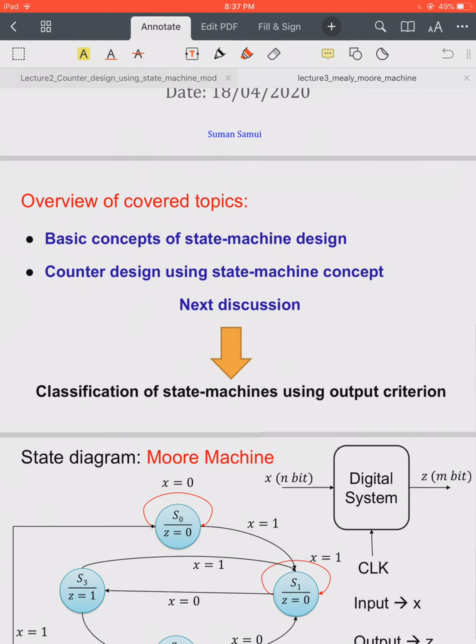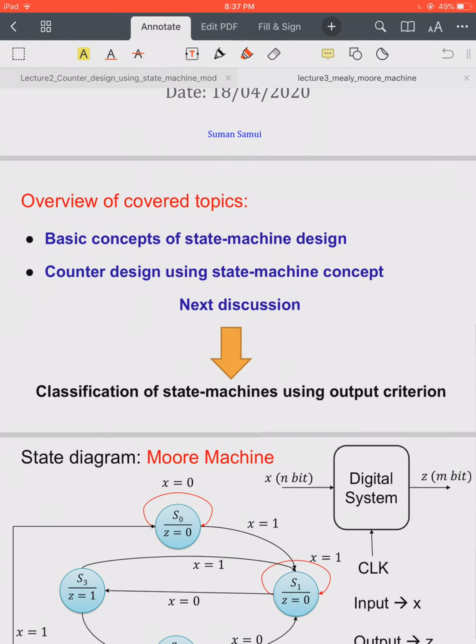We have seen that basically any system can be viewed as a state machine, where the system resides in several states, and it can go from one state to another state by using a steering combinational logic, right?